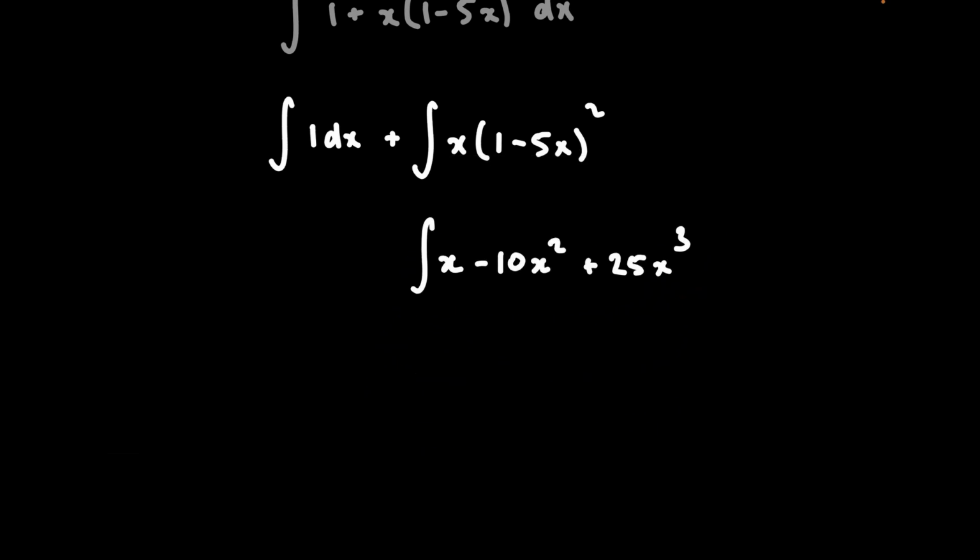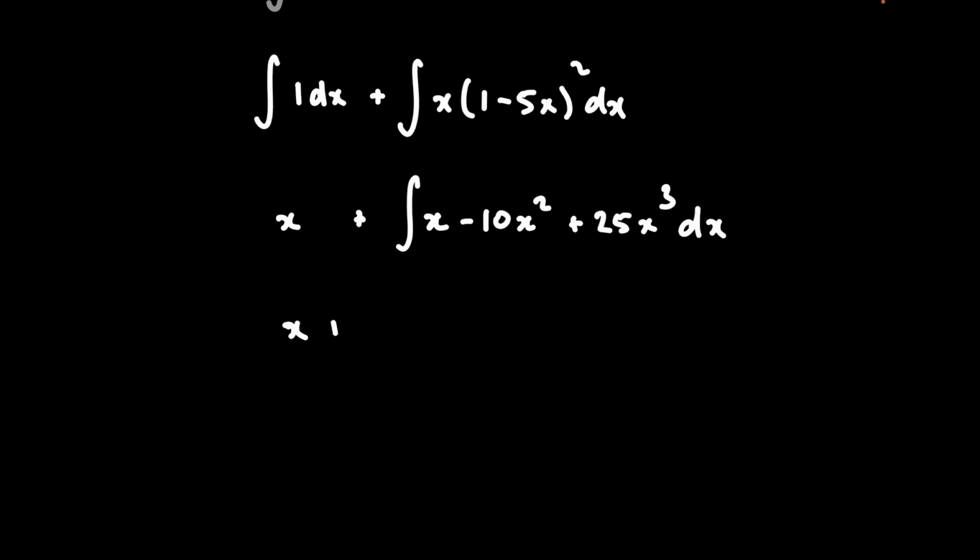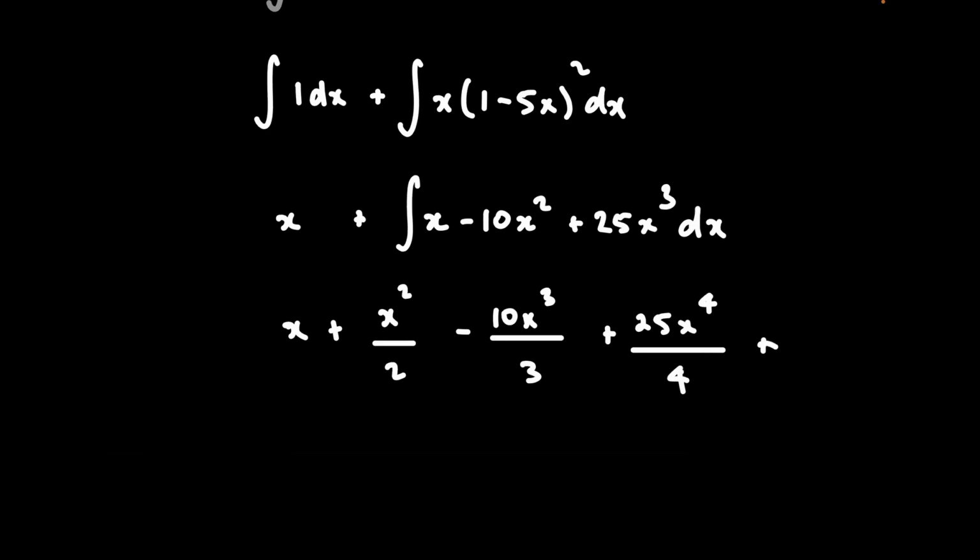We know the integral of 1 is simply x, plus the integral of this dx. So it becomes x plus x squared divided by 2 minus 10x cubed divided by 3 plus 25x to the 4 divided by 4 plus c.